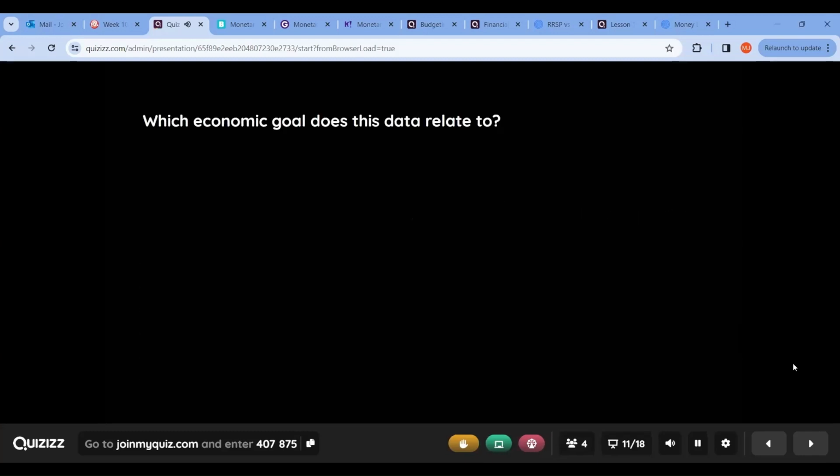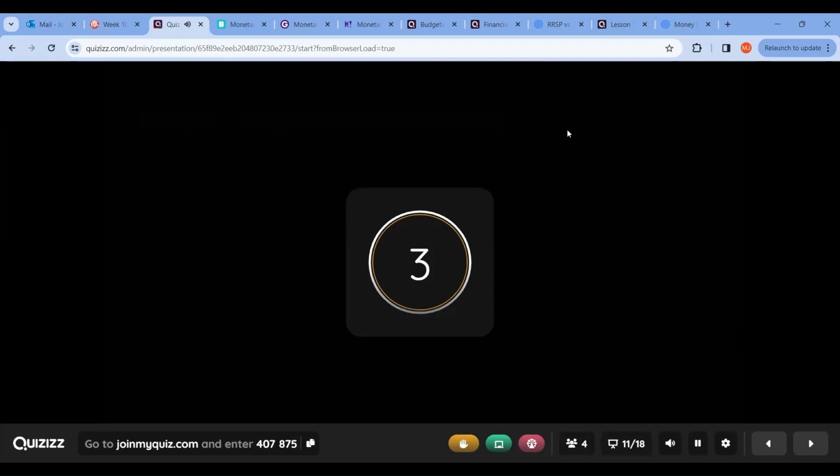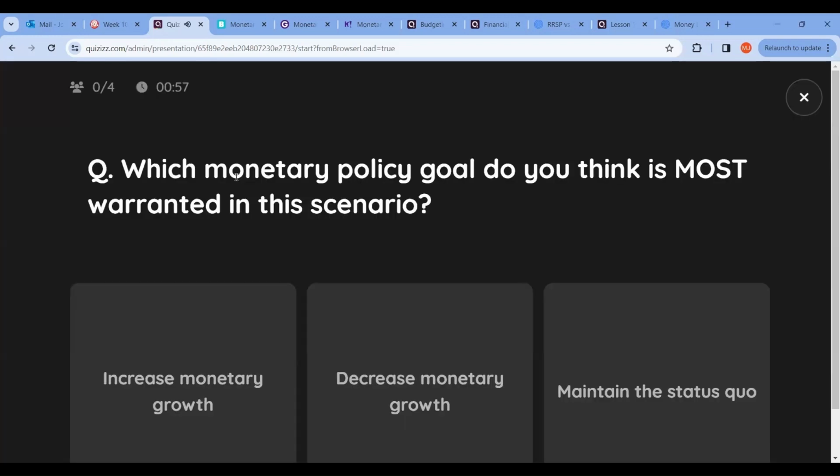So economic growth, yes. Which monetary policy goal do you think is most warranted in this scenario?